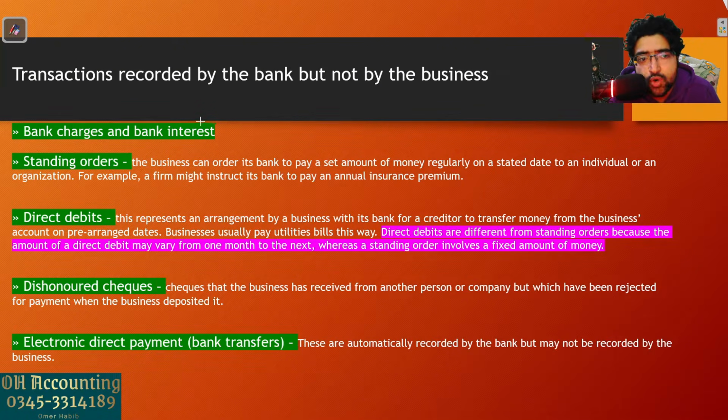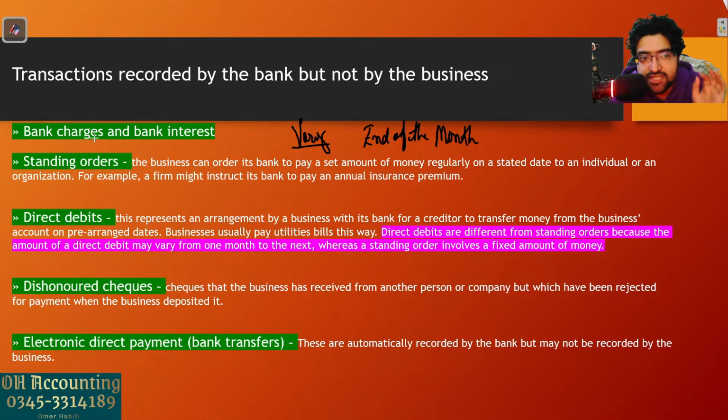When will we get to know about these charges? Because they vary from month to month, we can only find out about these charges at the end of the month when we get the bank statement. Till then we are not aware of these, so we will not have included these in our cash book, right?